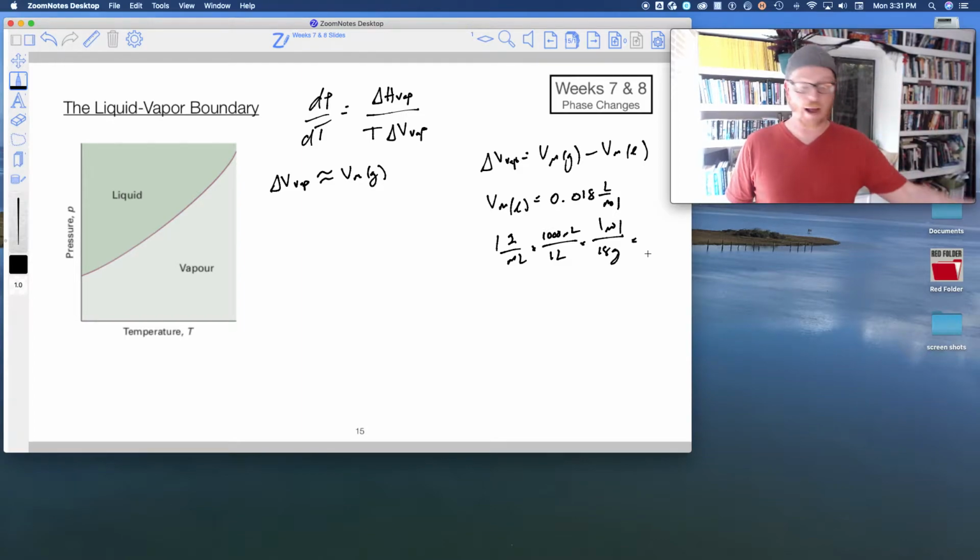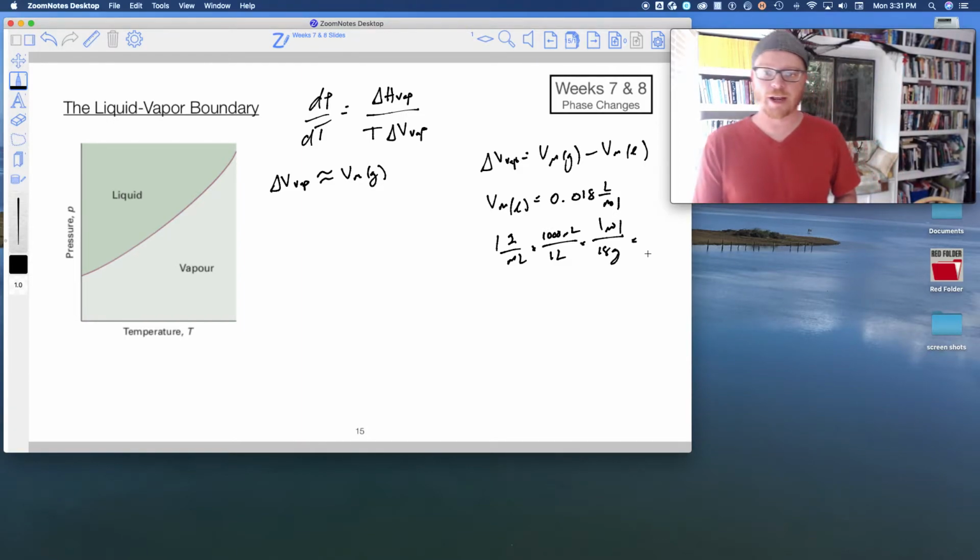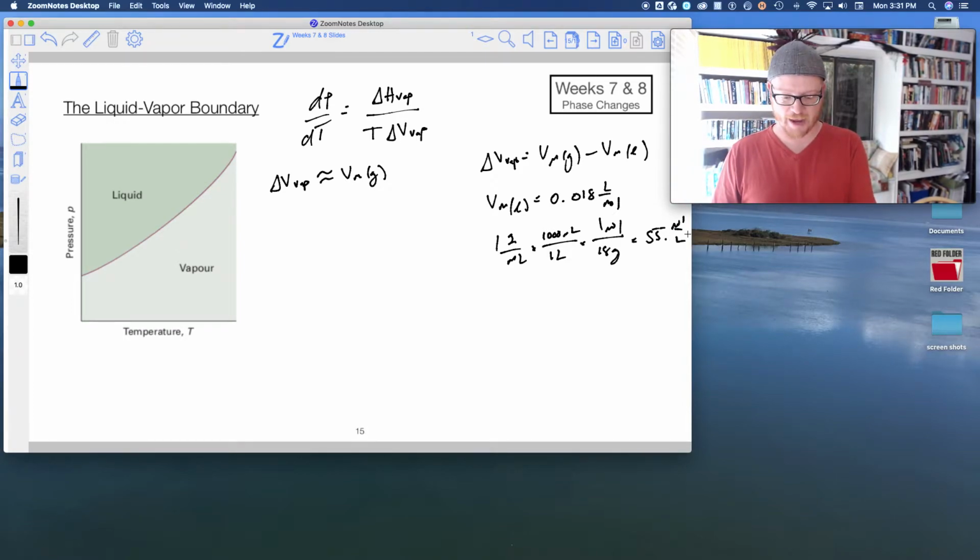I'm going to have to flip all of that. 1,000 divided by 18 gives 55.555 moles per liter, and if I flip that, 1 divided by that answer, I get 0.018 liter per mole. Okay, so that's where that comes from.